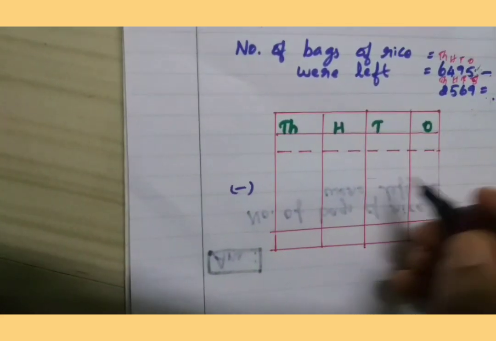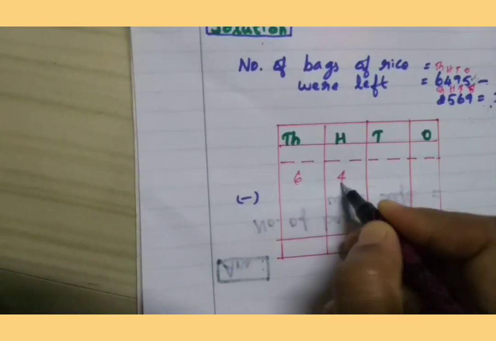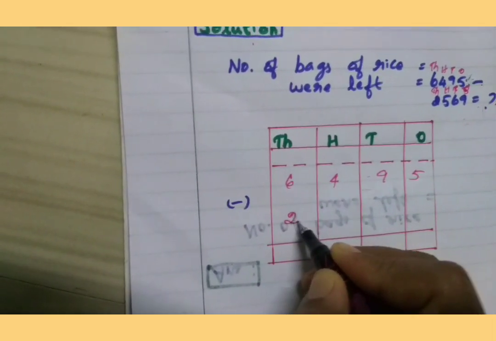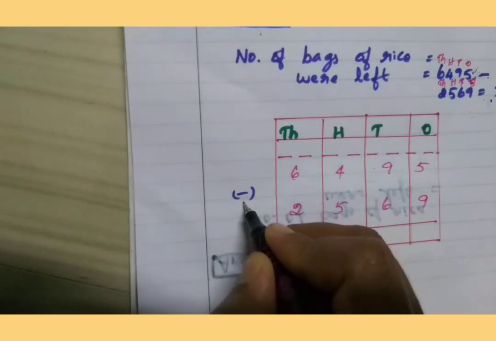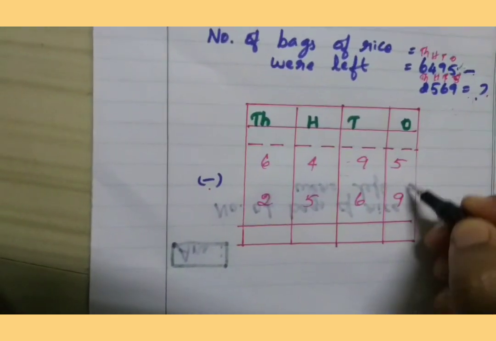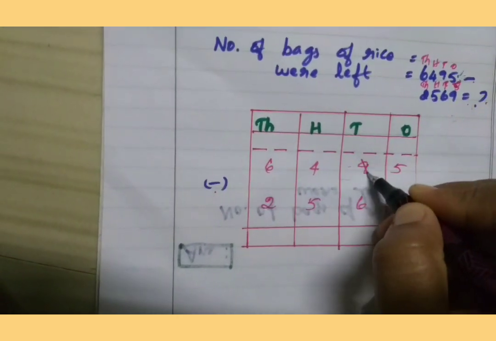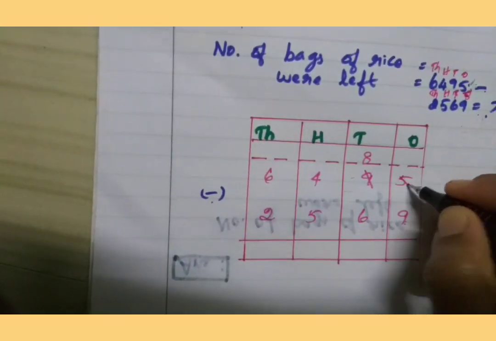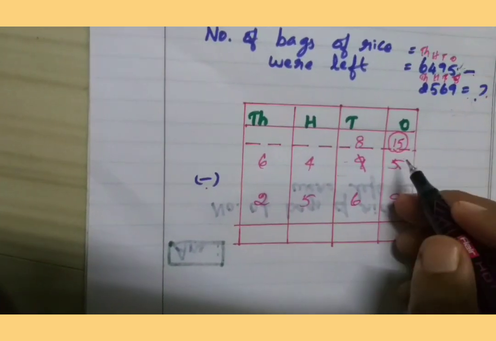Okay, the first number is 6,495 and the second number is 2,569. This is a minus sum, so you have to find out where the greatest number is. Below means you have to borrow: cut the before number and write the number before it. Here you cut the number and write one before; already they gave a number, so you got 15.